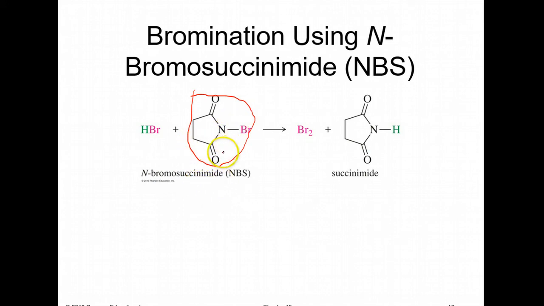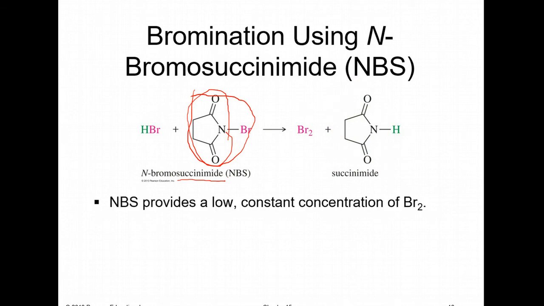We'll learn about how to name nitrogen-containing compounds, but anytime you have something hanging off of a nitrogen, you always say N followed by what's hanging off of it. In this case, it's a bromine. If it was a methyl, it'd be N-methylsuccinimide. But you have a bromine, and this group, this five-membered ring with the nitrogen, is called succinimide. It's just a common name. It's actually right here with the hydrogen. So that's NBS.